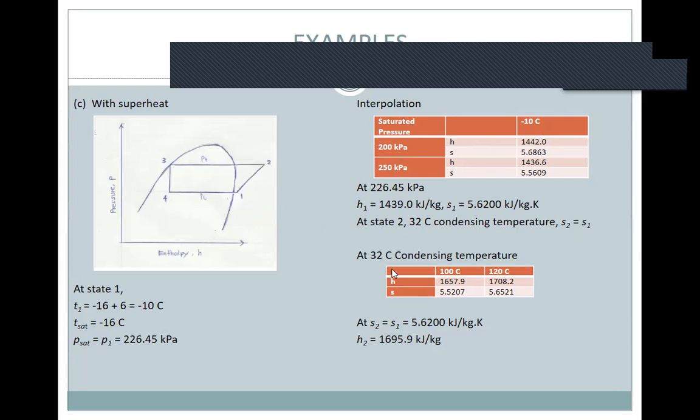So, at state 2, 32 condensing temperature, S2 is equal to S1. So, at 32 condensing temperature, ito yung papasok na available. So S2 is equal to S1 is 5.62. Ito, in between siya. So H2 is equal to 1695.6 kilojoule per kilogram.